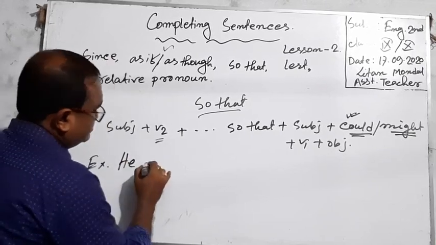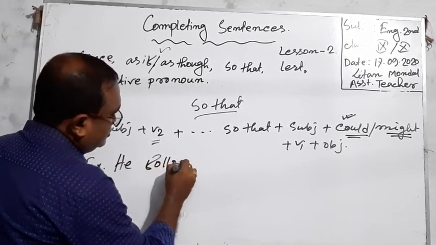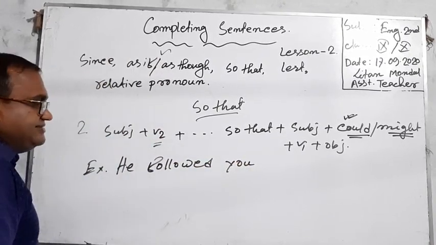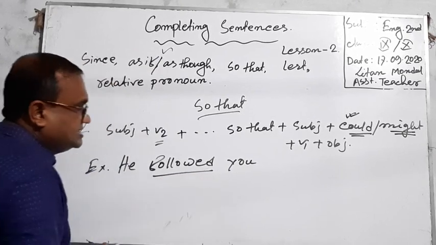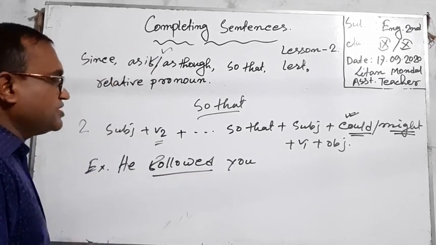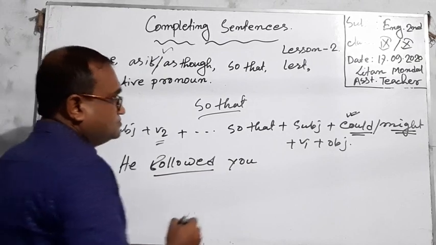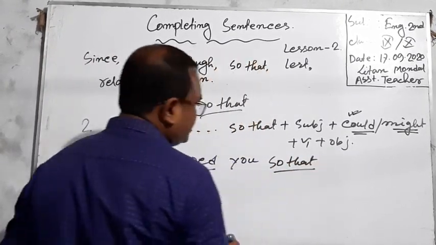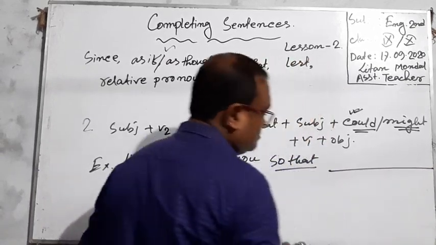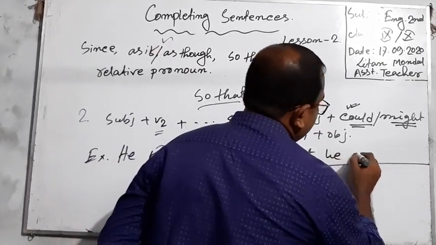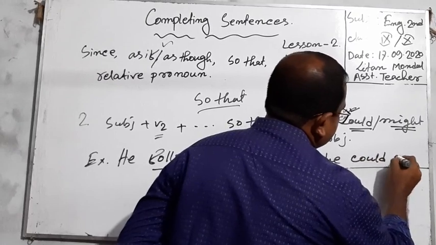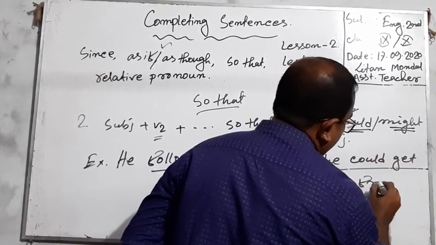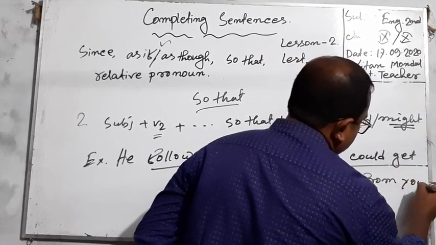He followed you. He followed you. This is past indefinite tense. V2 of the verb, present form follow. So that, now we have to complete here. He could get help from you.